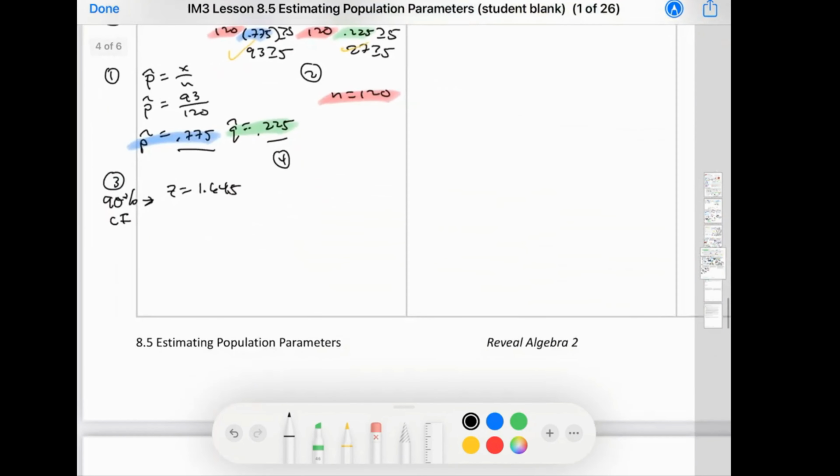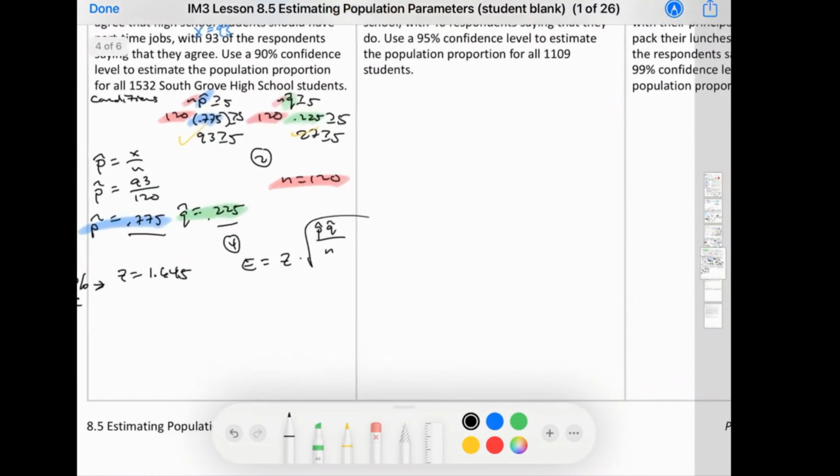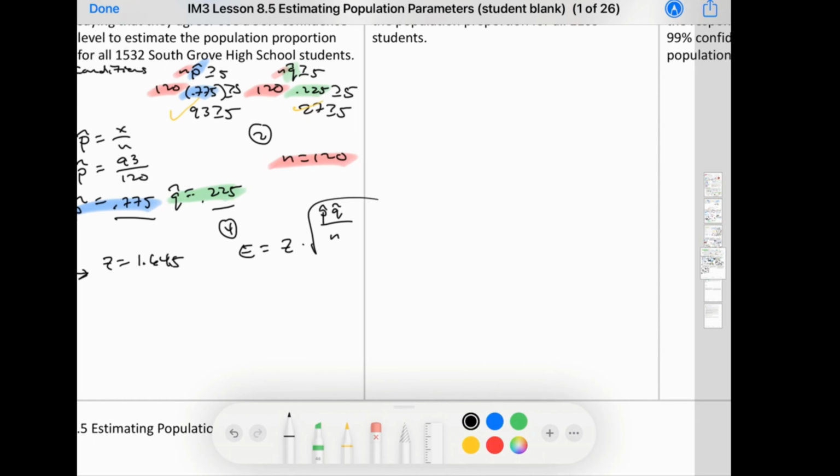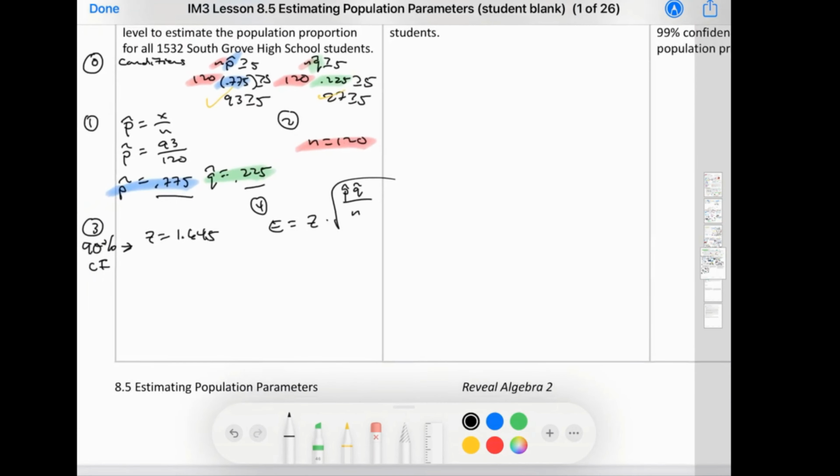Find E. E equals z times the square root. Remember last time we didn't have the standard deviation, so now we basically have p hat q hat divided by n. Mathematically, it's the same formula. It's just that we don't have standard deviation, so you can take p hat times q hat, the square root of that.